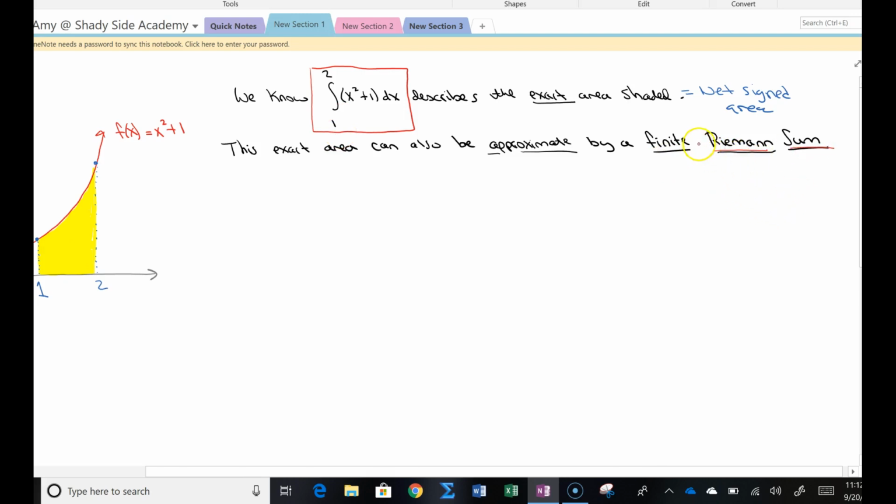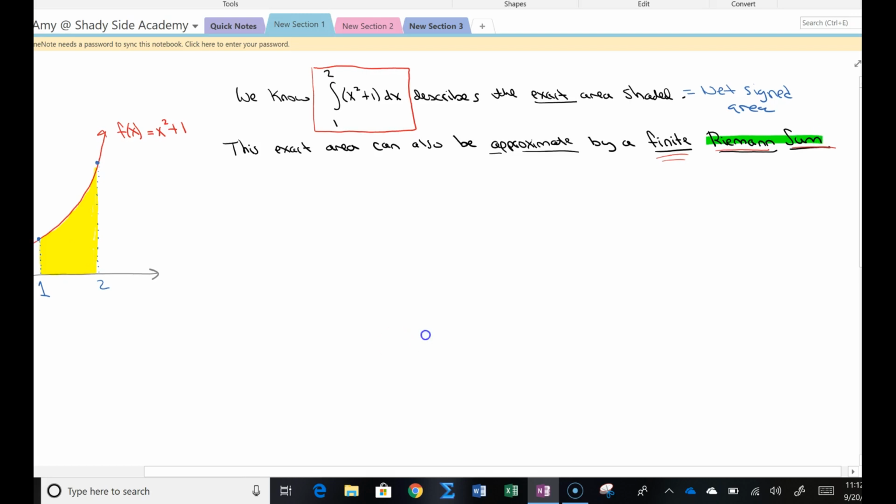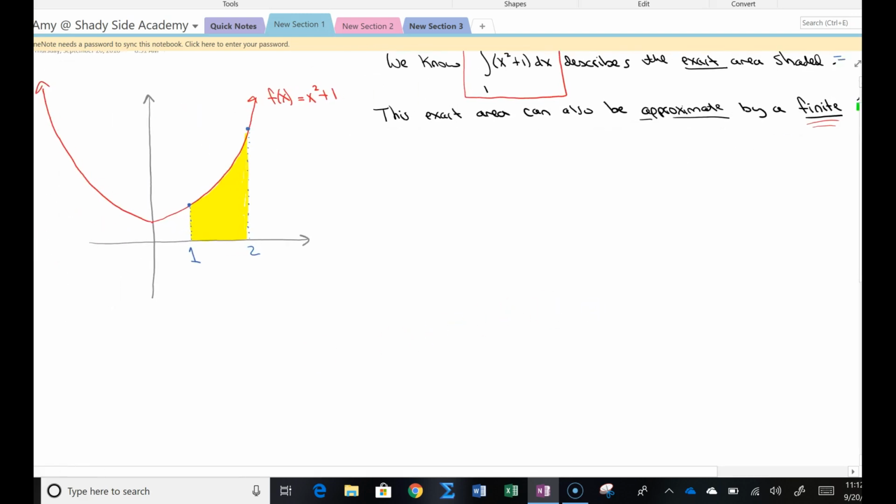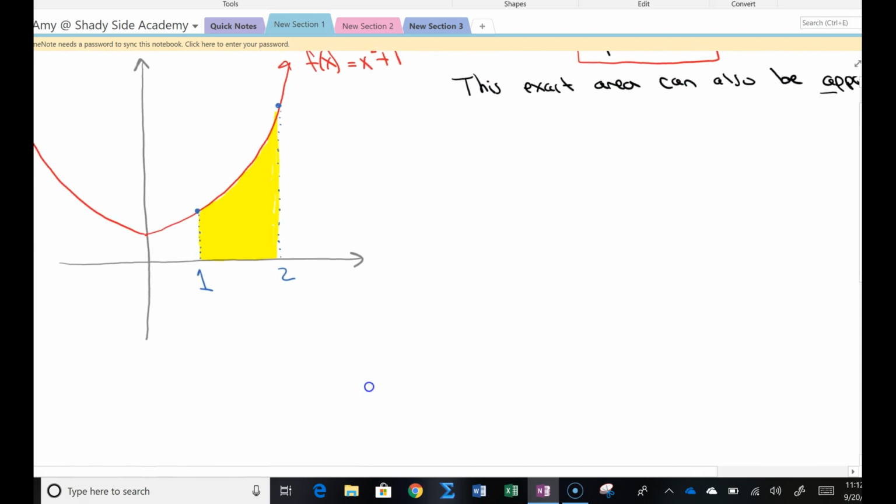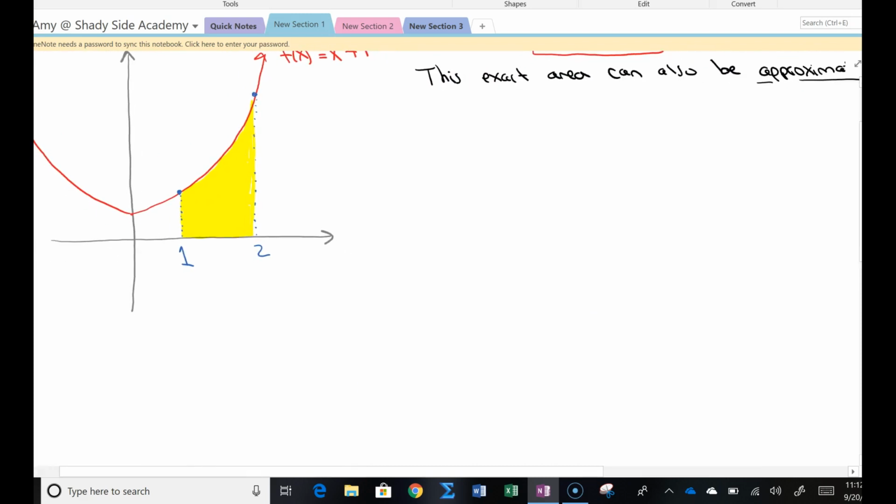And in particular, we're going to start with a finite Riemann sum. So the obvious question that you will have here is, what is a Riemann sum? Well, let's develop it with these ideas here. I'm going to go to this area right here, and I am going to divide up this shaded region into rectangular intervals.